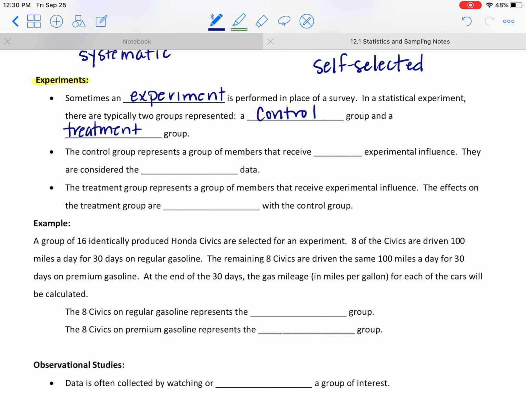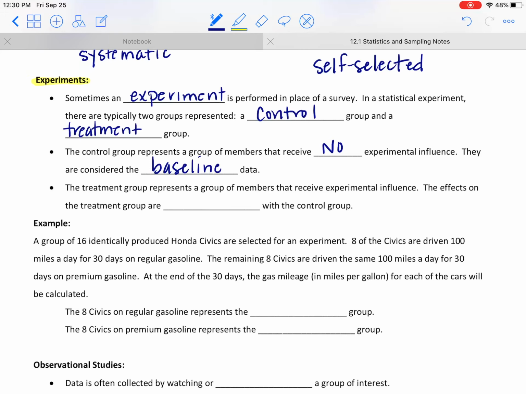The control group is a group that receives no experimental influence. They are considered the baseline. Okay?